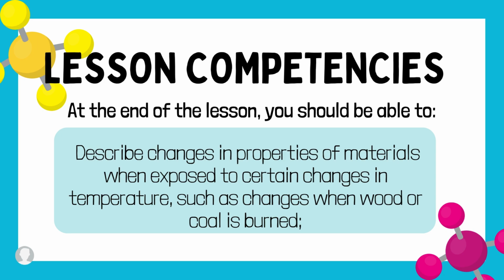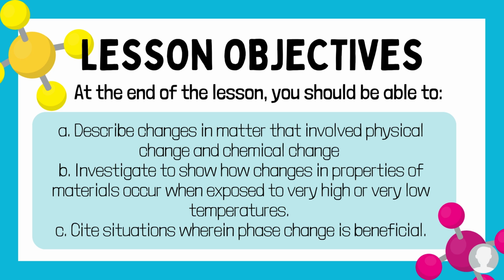Hello kids! This is our learning competencies. At the end of the lesson, we should be able to describe changes in properties of materials when exposed to certain changes in temperature, such as changes when wood or coal is burned. Lesson objectives.